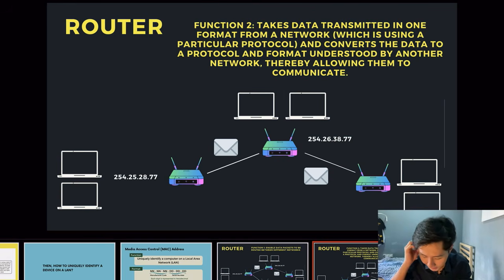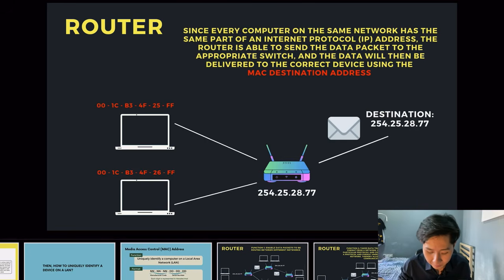The second function is that they take data transmitted in one format from a network, which is using a particular protocol, and convert the data to a protocol that is understood by another network. Therefore, it allows different computers to communicate. That's also what makes the internet work.